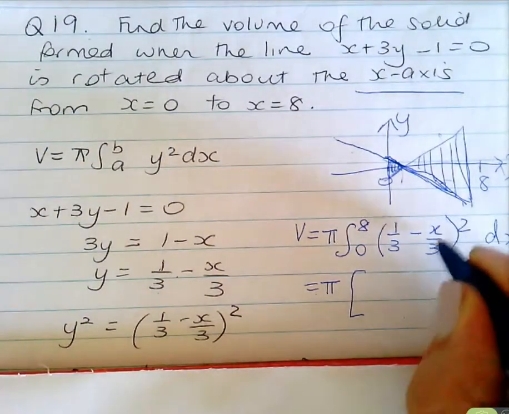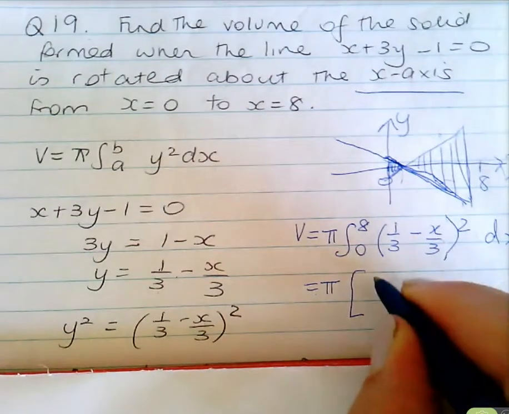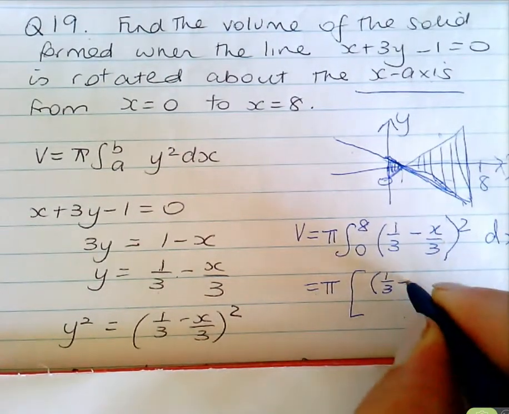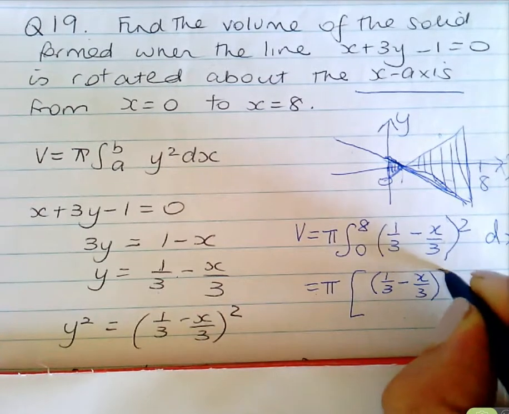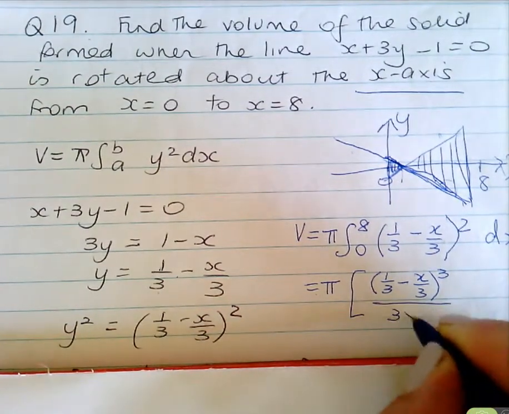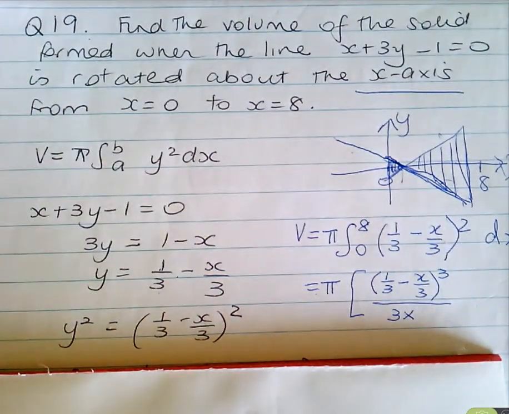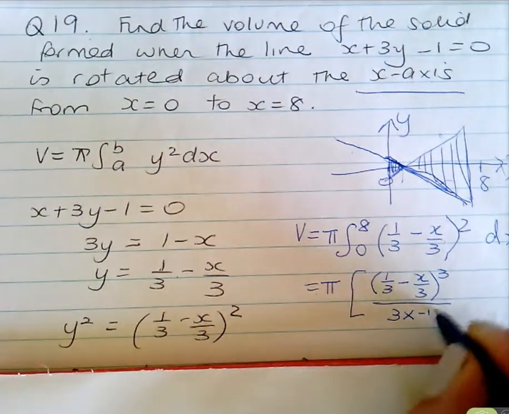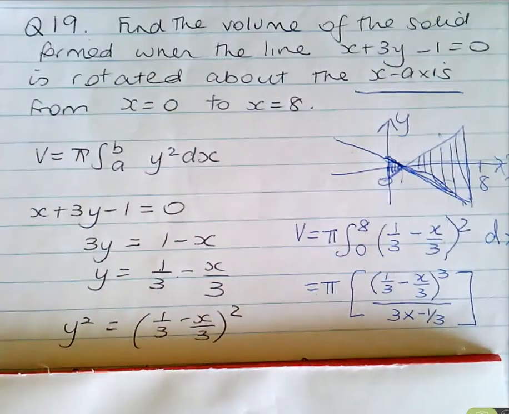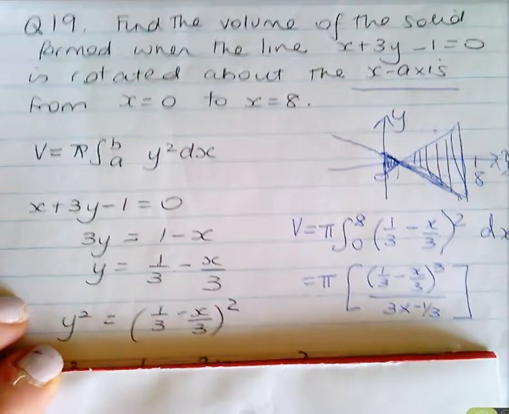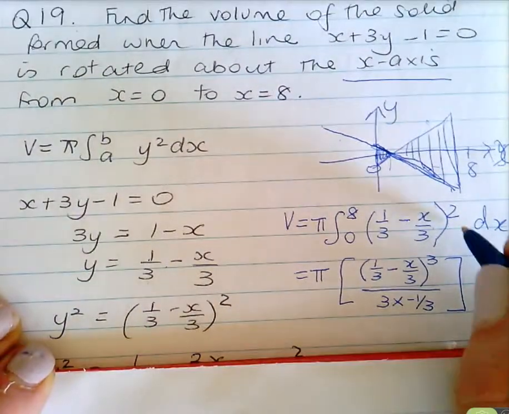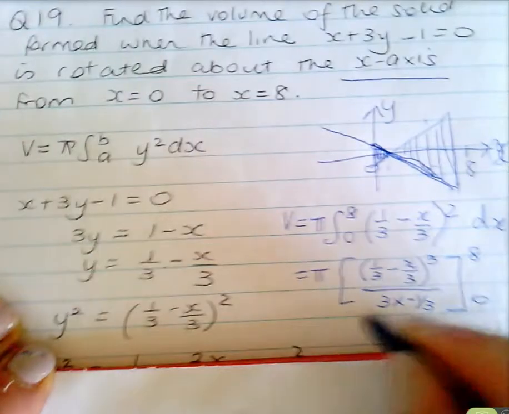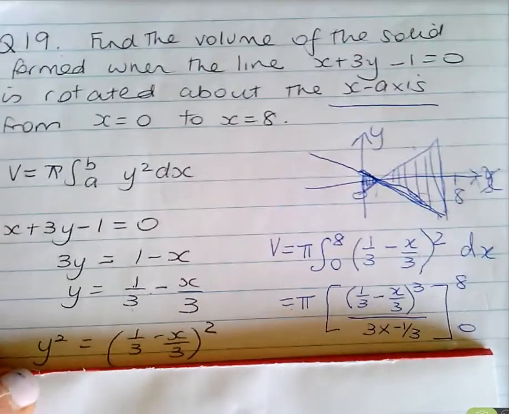So don't just write out the whole thing. It's 1/3 minus x on 3 to the 3 over 3 times the coefficient of the x, which is negative a third. Now that looks really good because 3 times negative a third is just negative 1. Between the values of 8 and 0, now I'm going to have to continue here.